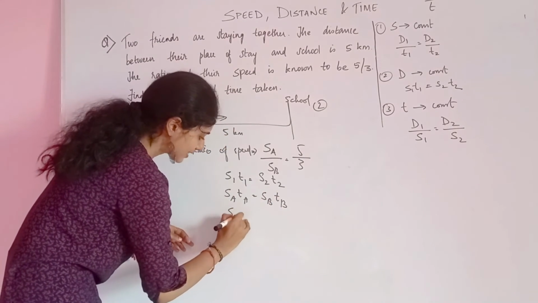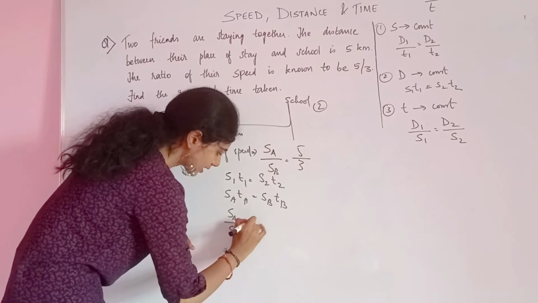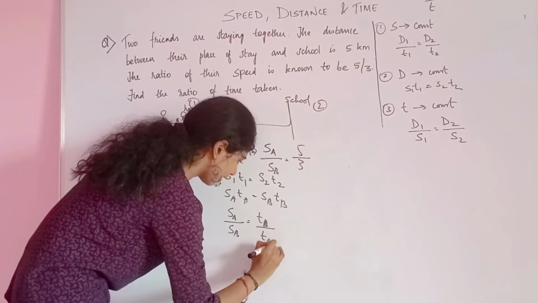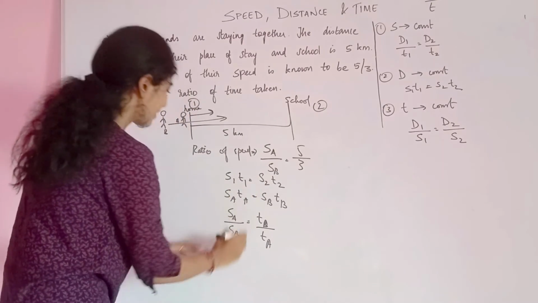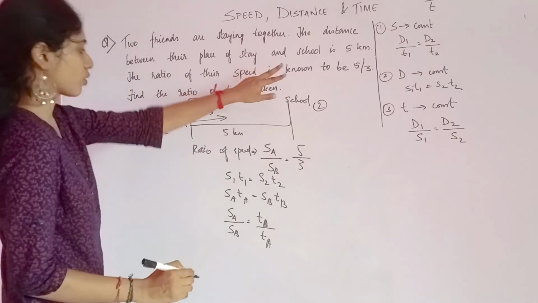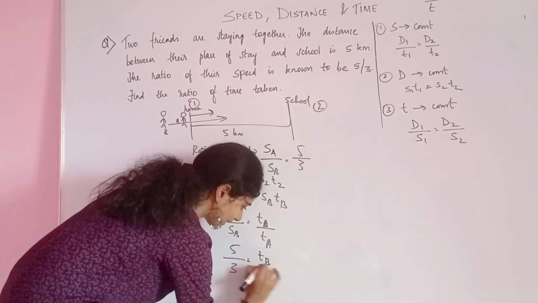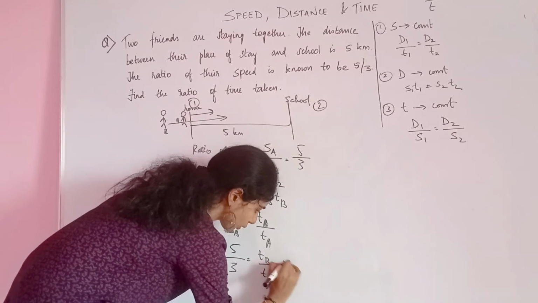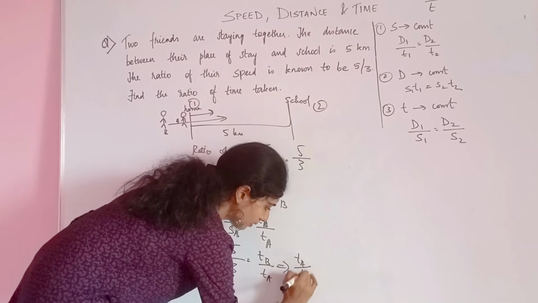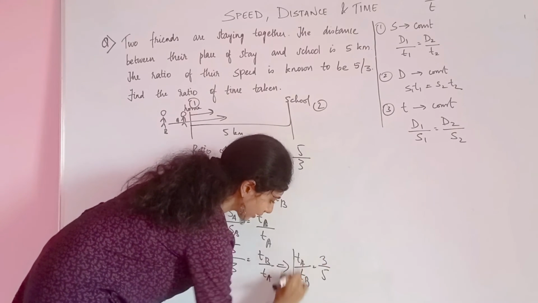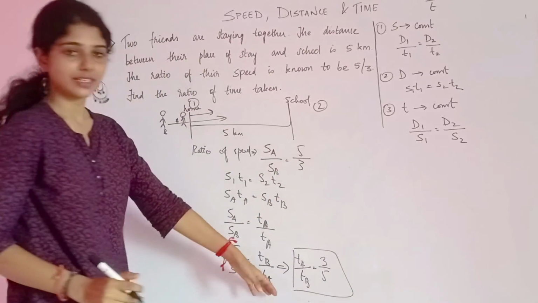So SA by SB is equal to TB by TA. So SA by SB is known to be 5 by 3, which is equal to TB by TA. So you have to reciprocate it. Therefore, TA by TB will be equal to 3 by 5. So it's a pretty direct question.